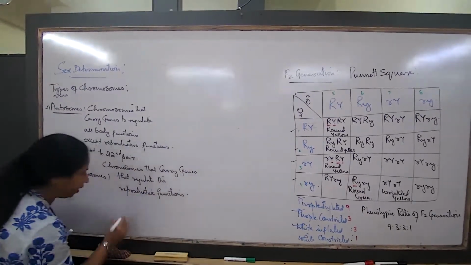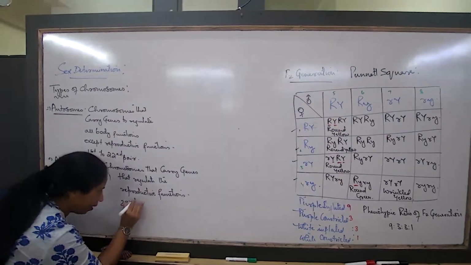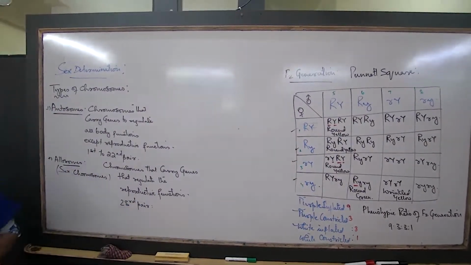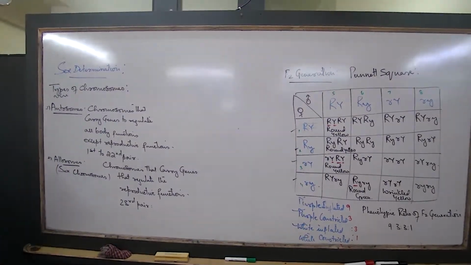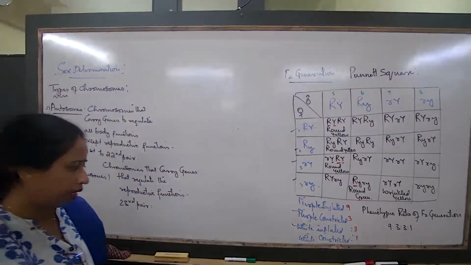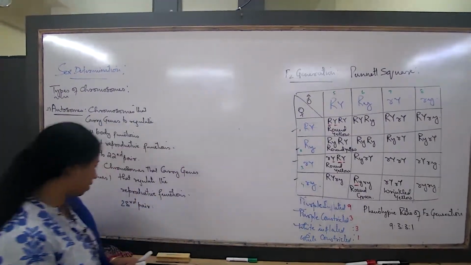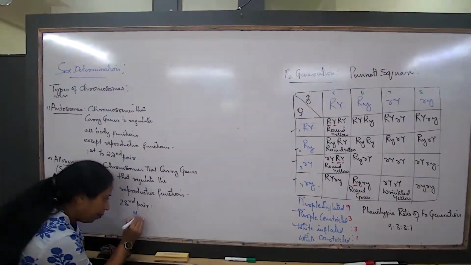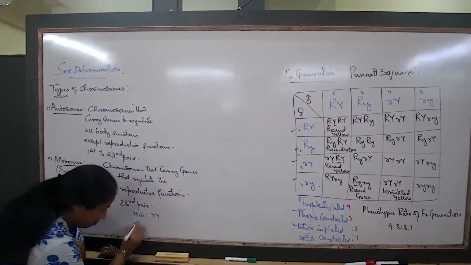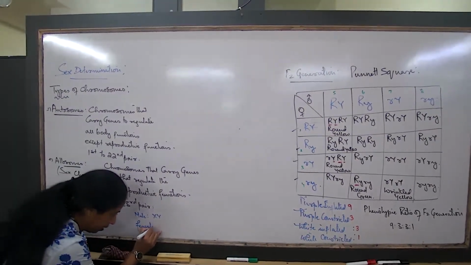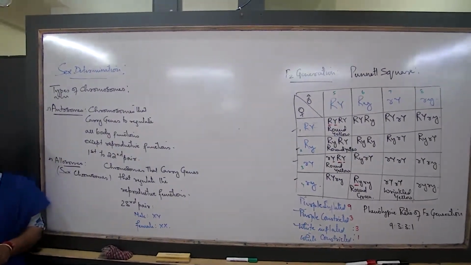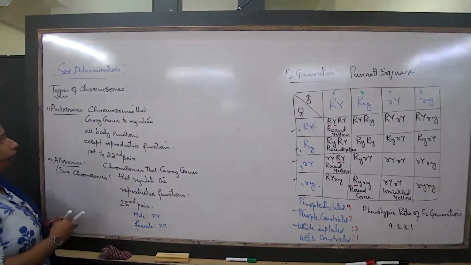Which chromosome pair? That is the 23rd pair. This is the 23rd pair of chromosome that we are talking about. Allosome sex chromosomes. But now this 23rd pair, in the male, is designated as X and Y. In the female, the chromosome is designated as X and X. So how many autosomes?